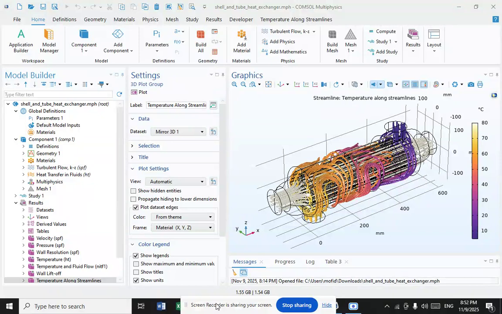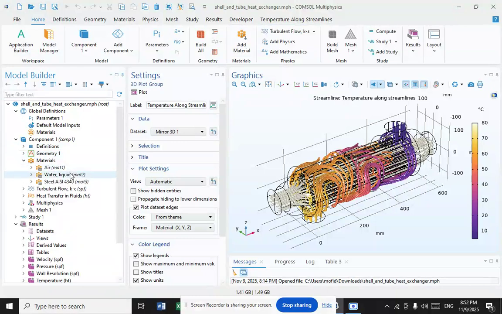And here you can see the COMSOL software simulation of a shell and tube heat exchanger. You can see the materials that I have used are water as a liquid phase, air, and steel.